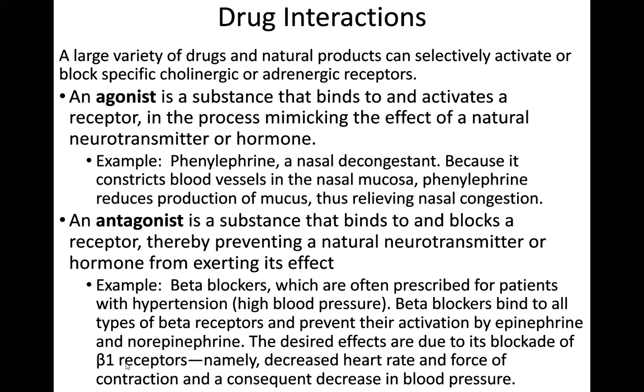So if you can't bind epi-norepi to those beta 1 receptors, it reduces heart rate and force of contraction, and both of those result in a subsequent decrease in blood pressure. So if you've ever heard of beta blockers before, now you know what they actually do.